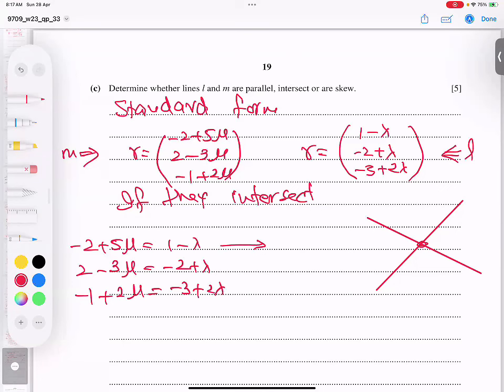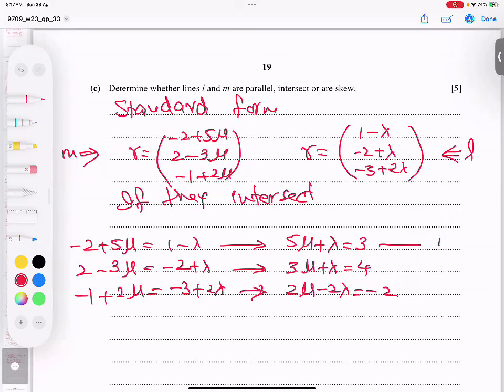So from here and from here, I'll make 3 equations. I got 5 mu plus lambda equals 3. From here, I got 3 mu plus lambda equals 4. And you can understand from here, 2 mu minus 2 lambda equals -2. So I got equation 1, equation 2, equation 3.